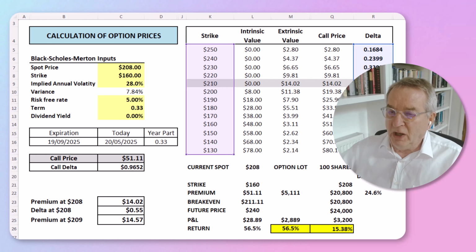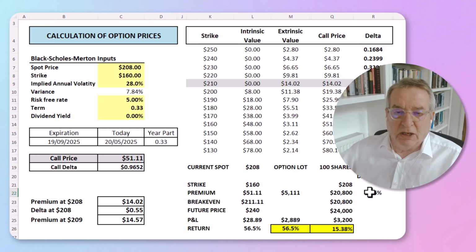So with regard to a delta 1 product, as you are deeply in the money, the pricing of the derivative, the option in this case, tends to match dollar for dollar the pricing of the underlying, in this case the shares of Apple. Now let us look at a specific opportunity here with regard to using an in-the-money option.